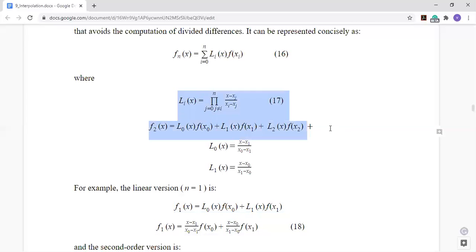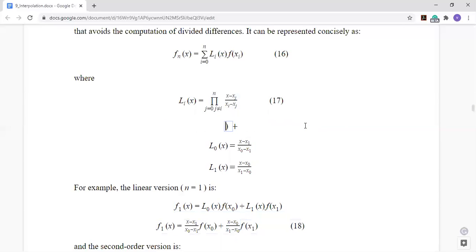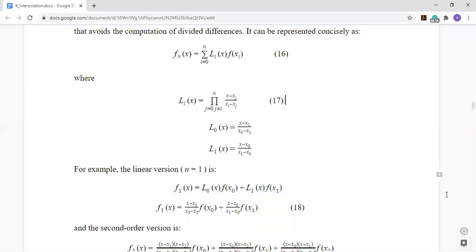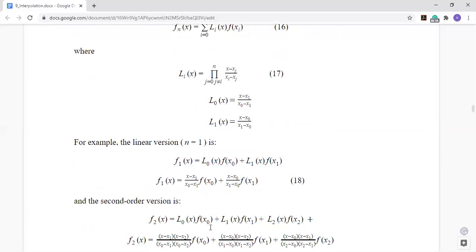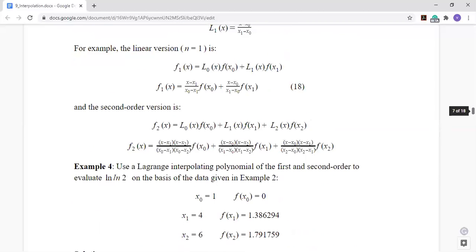Then for a second order polynomial, this is the expression based on the Lagrange polynomial. Then L0 is given by this, L1 is given by this, and L2 is given by this.